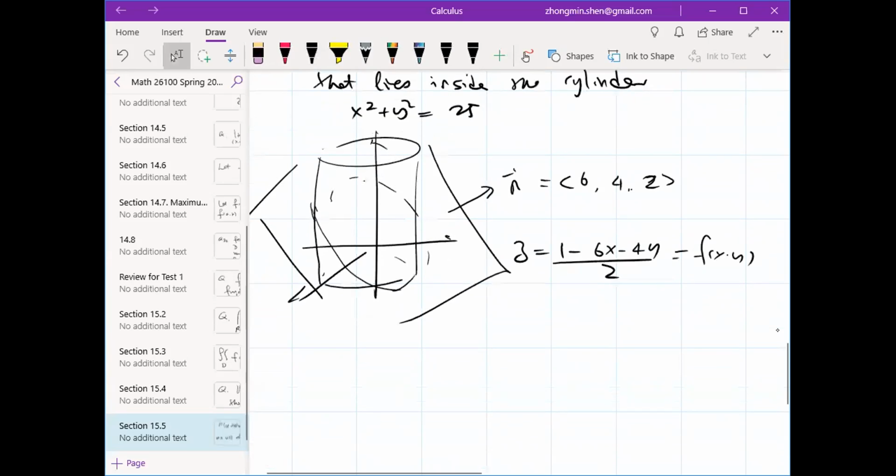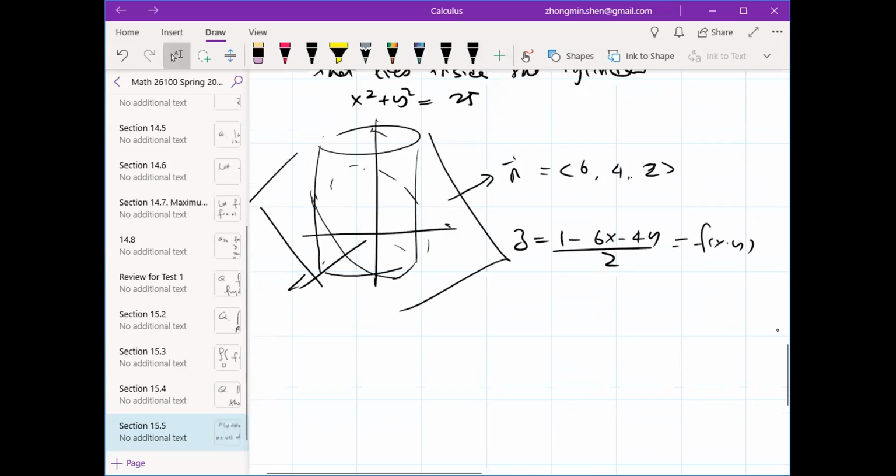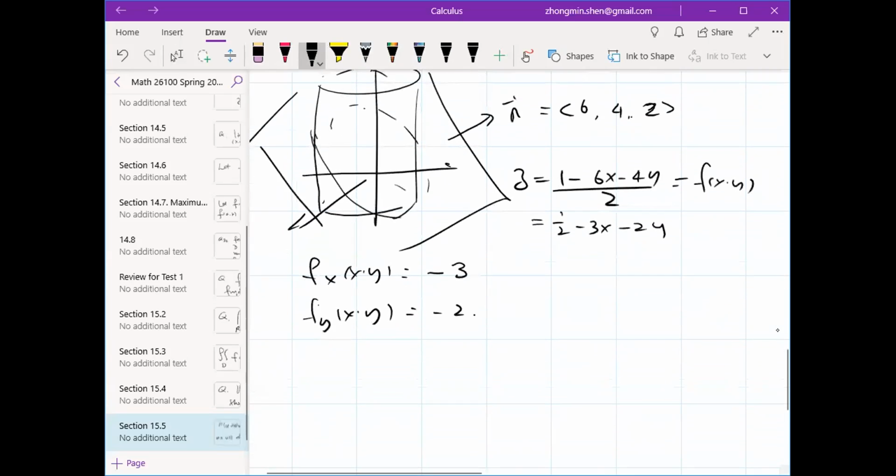Next, we have to find ds, the surface area element. For the surface area element, you have to find the partial derivatives of this. f_x is going to be negative 3, and f_y is going to be negative 2. So they're constants. Great.